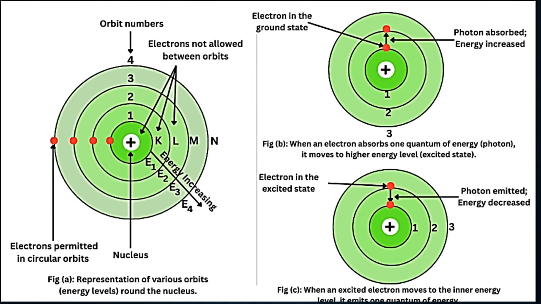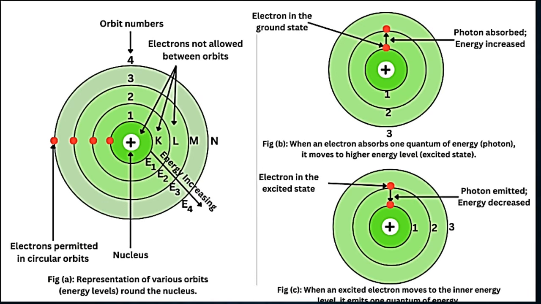So if this electron is at energy level 2 with energy E2, it will never lose the energy. It will stay where it is.